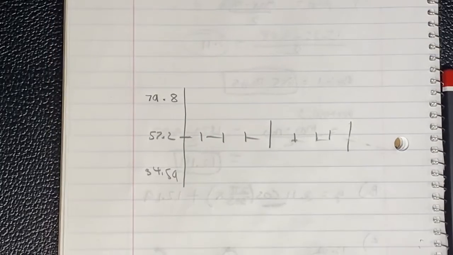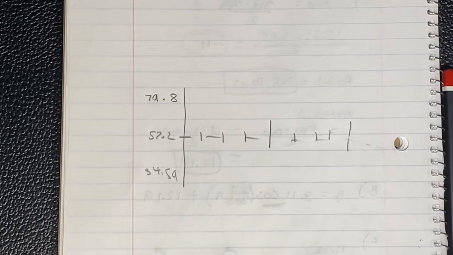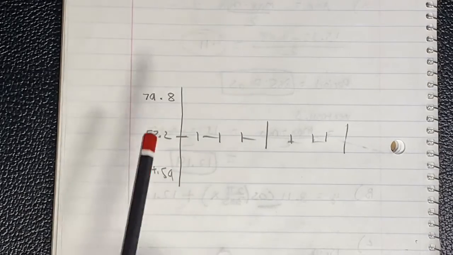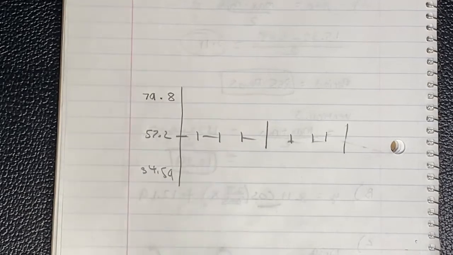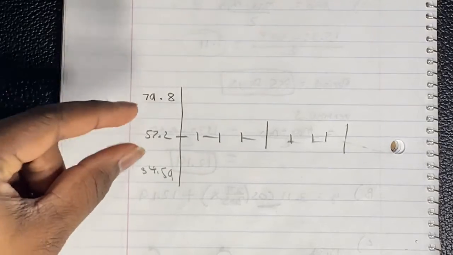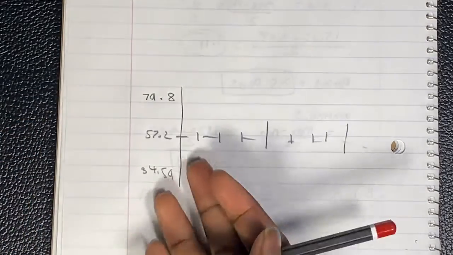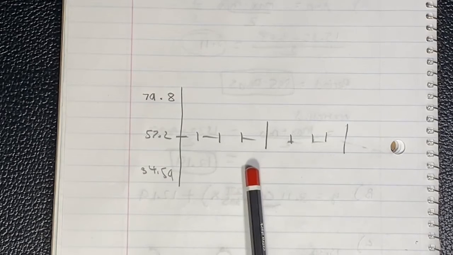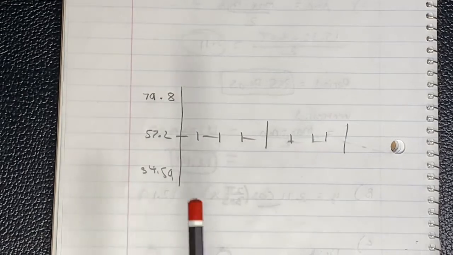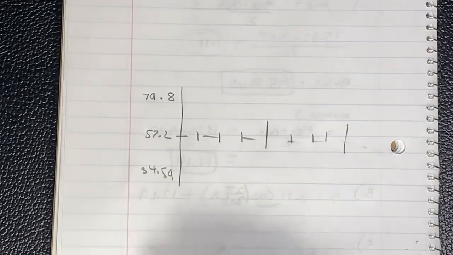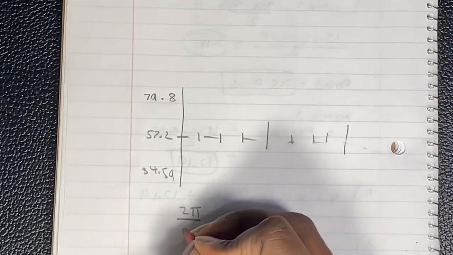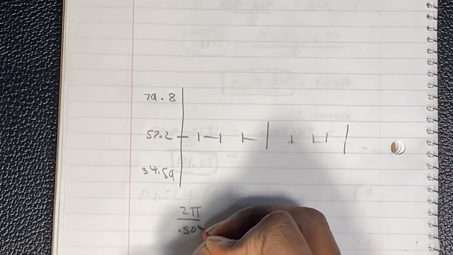Our maximum is 79.8, minimum is 34.59, and our middle line is 57.2, and these are the same distance in between each other. So we have our graph set up. Our period, we have already set it as 12, but you want to go as specific as possible. So what you need to do in your calculator is you just put 2 pi over 0.503.